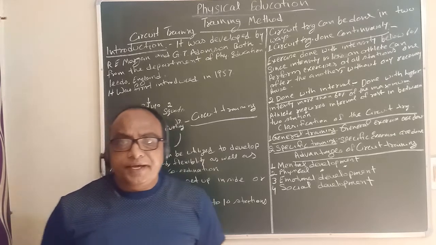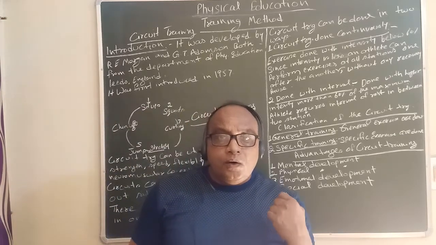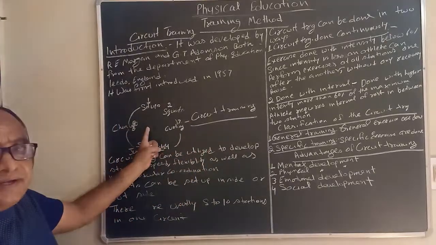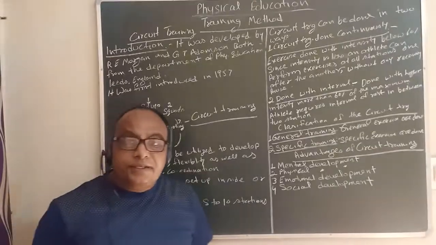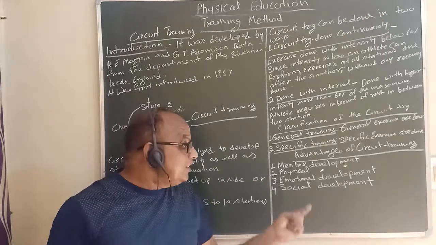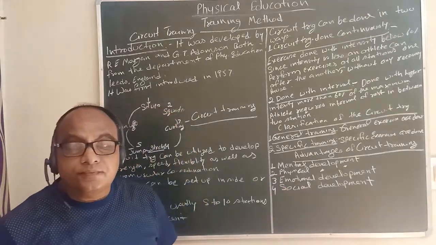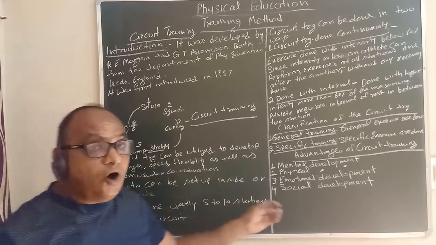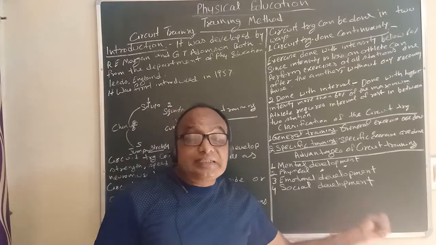So when more than 2 players are there in one circuit training, then we have to be socially adjustable. And this circuit training teaches us how to be socially adjusted.